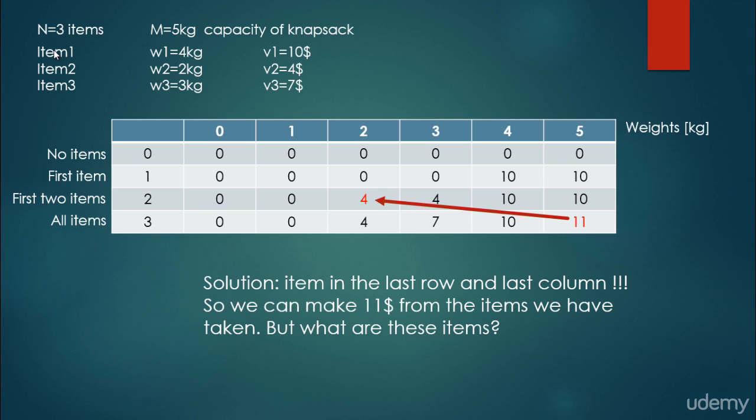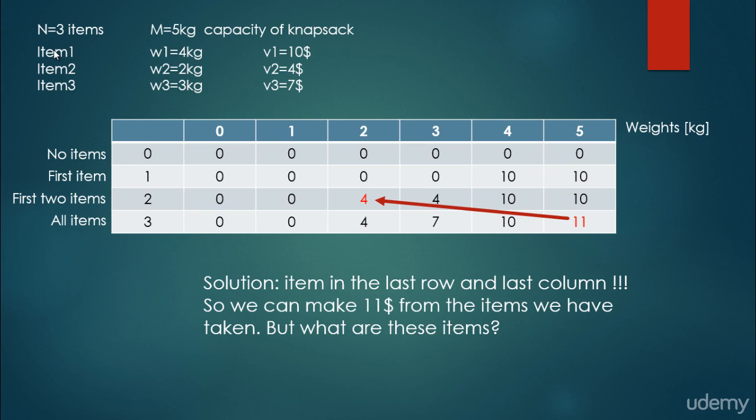And we have to compare again with the value above it, which is 0. 0 is not equal to 4, which means that we have to take item 2 as well. And because item 2 has a weight 2 kilograms, we do not have any more weight left, which means that we have solved our problem.